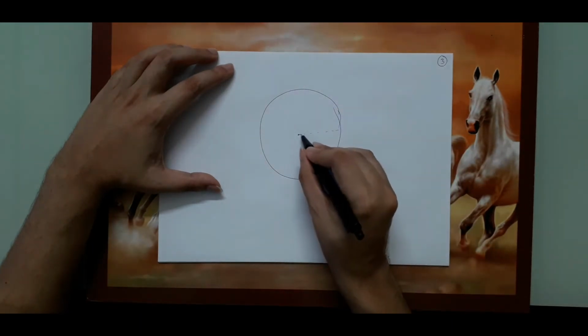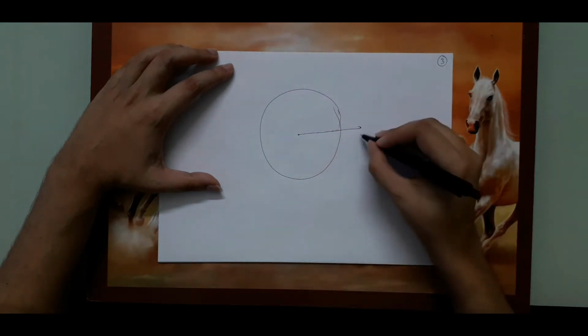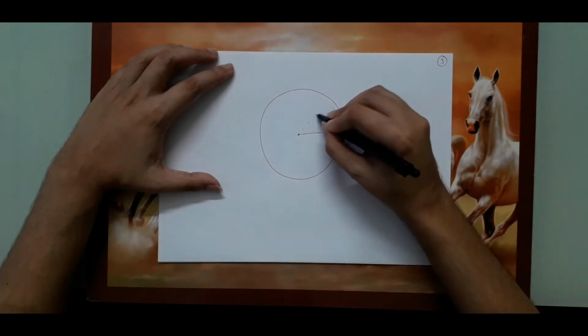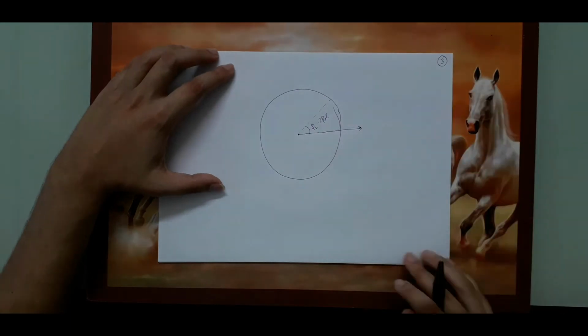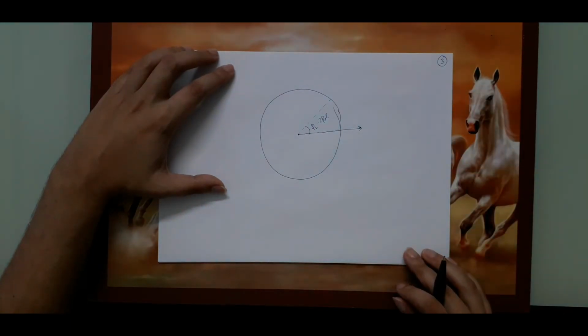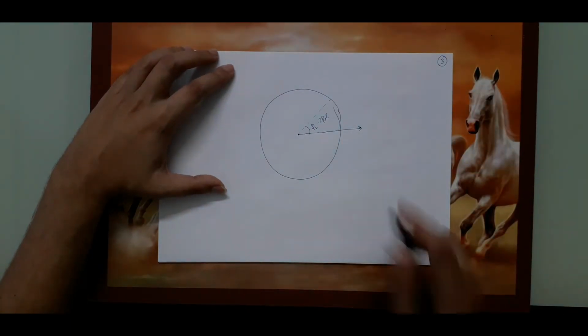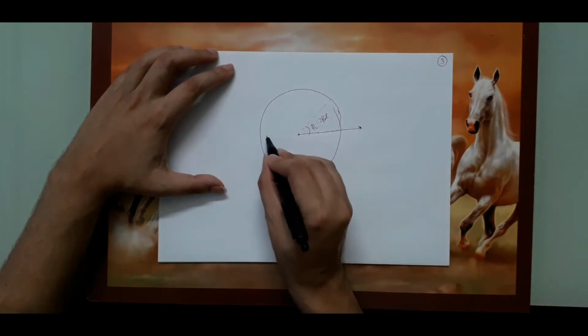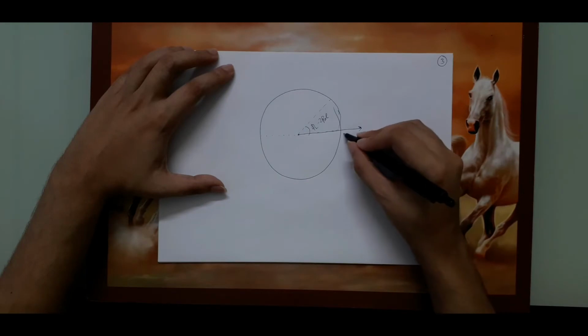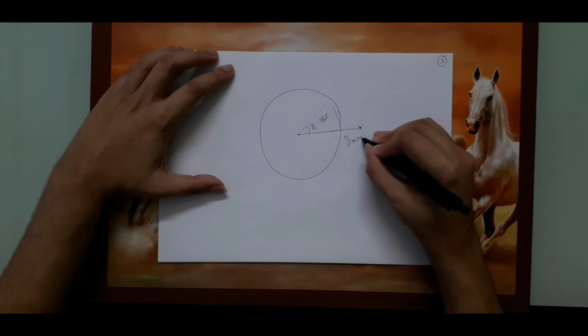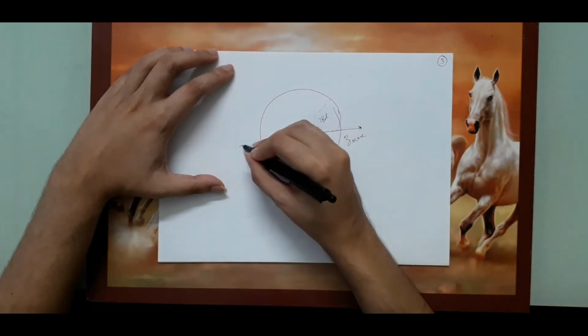Let this be the real axis. Let this angle be phi L minus 2 beta L. So in terms of normalized impedances, this is small z max and this is small z min.